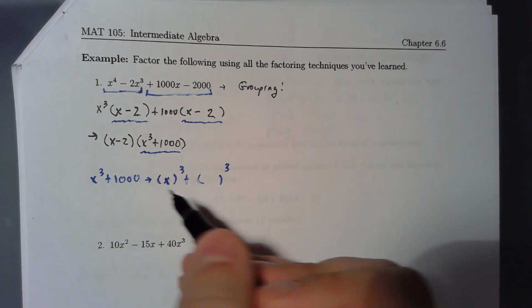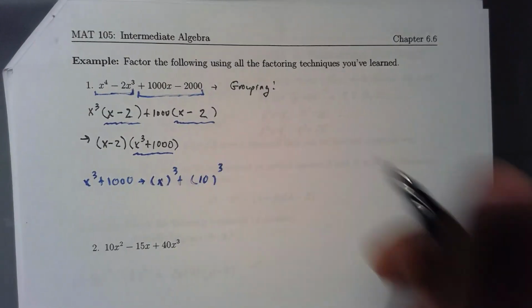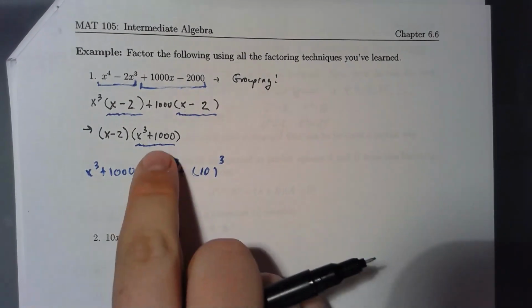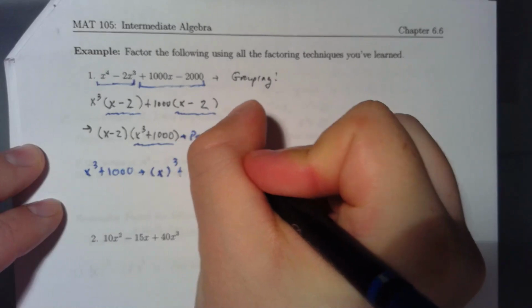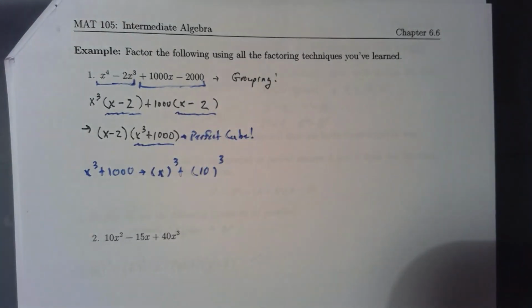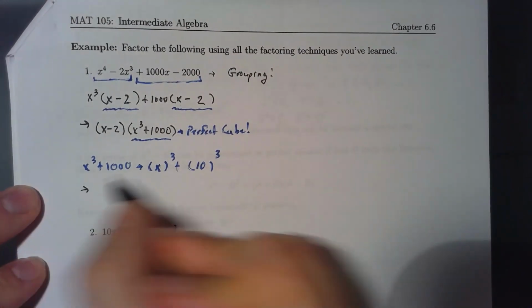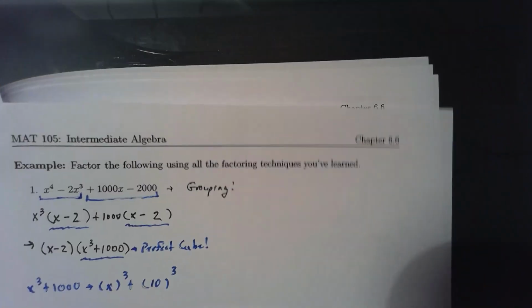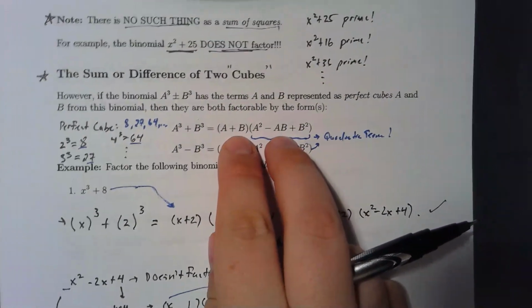What number cubed gives me 1,000? 10. So this right here is a perfect cube. So that factors. What does it factor to? Well, what do perfect cubes factor to? Right here. So it factors to this and this.